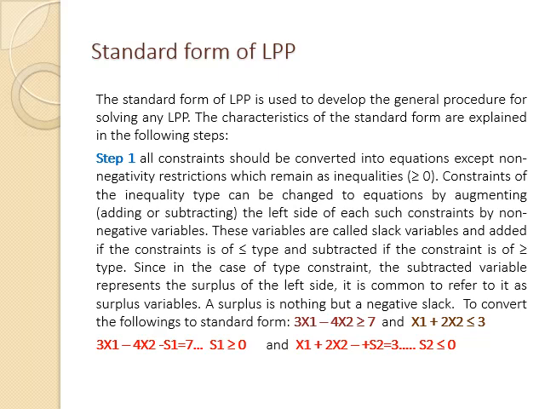In this case of type constraint, the subtracted variable represents the surplus of the left side. It is common to refer to it as surplus value variables. A surplus is nothing but a negative slack.